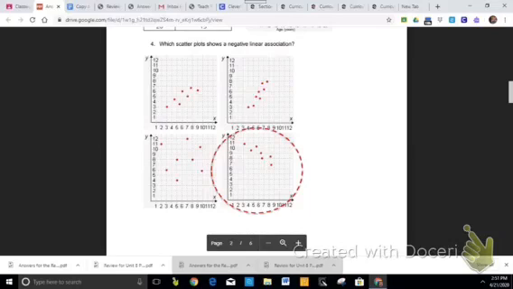So our correct answer would be the last one, and it shows a negative linear relation. It goes down in a straight line when I draw my line of best fit between all the dots.